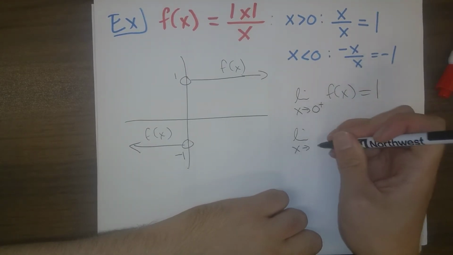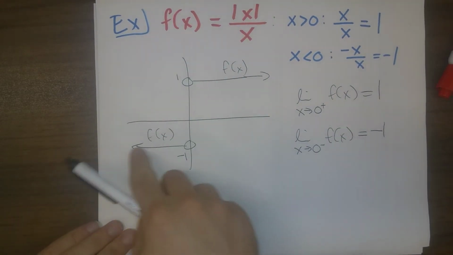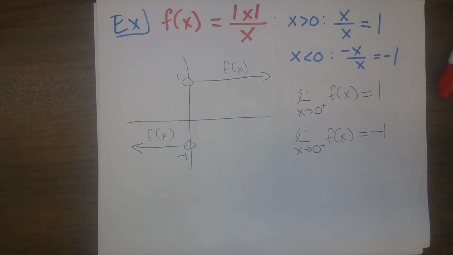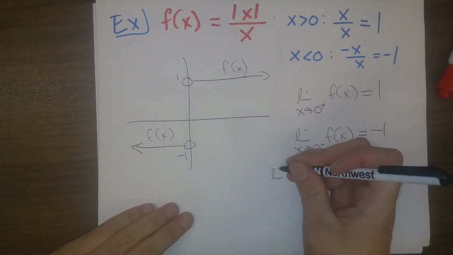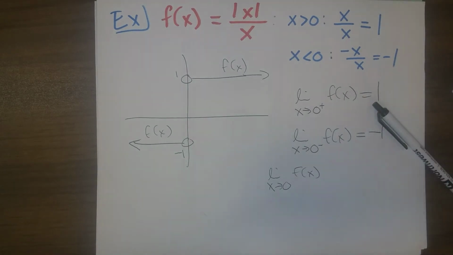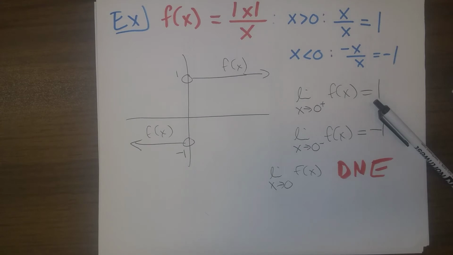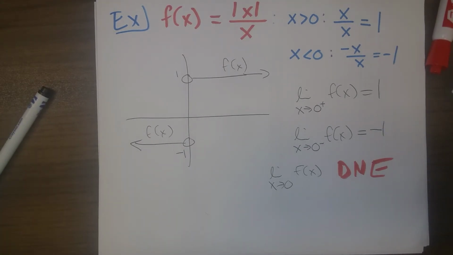The limit as x goes to 0 from the left of f of x, coming in here, is equal to minus 1. And so the overall limit of f of x does not exist. So that's an example that we can do here.